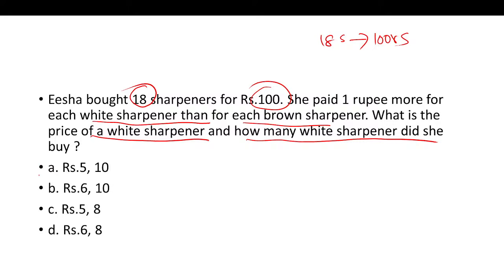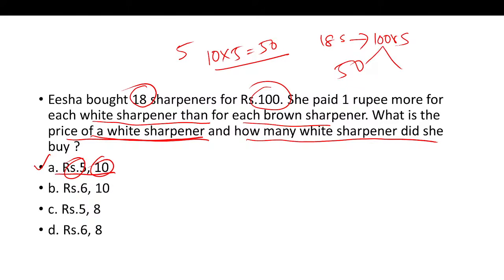Let's take option A. If one white sharpener costs 5 and she took 10 white sharpeners, 10 into 5 is totally 50. In the total 100 rupees, 50 rupees are here and the remaining 50 rupees might be spent on brown sharpeners.